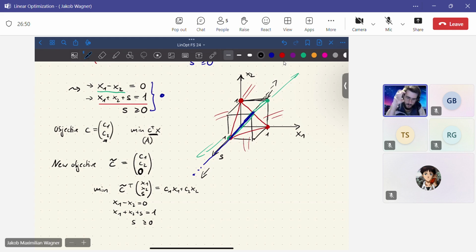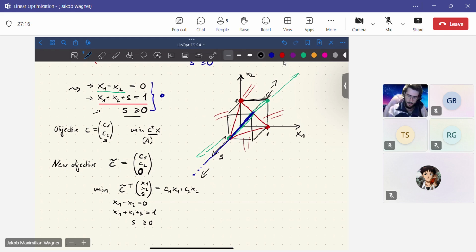of these inequality constraints as equality constraints, where we get some positivity constraints. And our goal in the end is to have positivity constraints for all the variables that occur. Here we see that we don't have positivity constraints for x1 and x2.